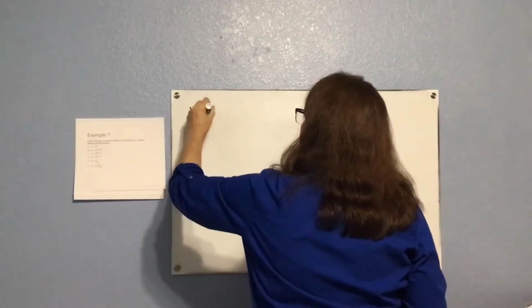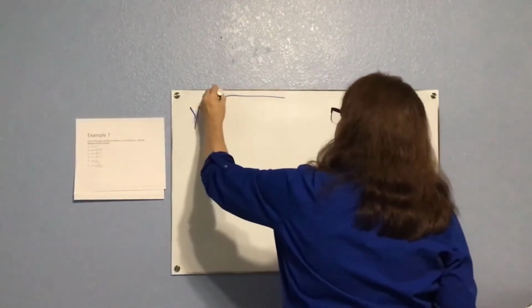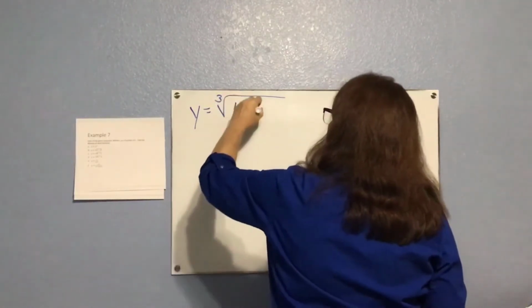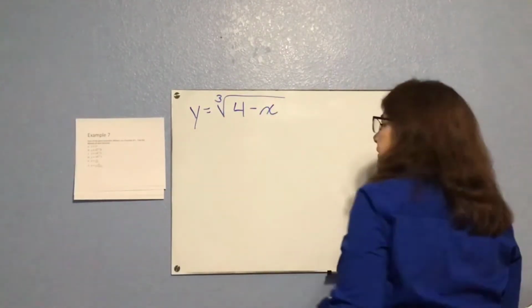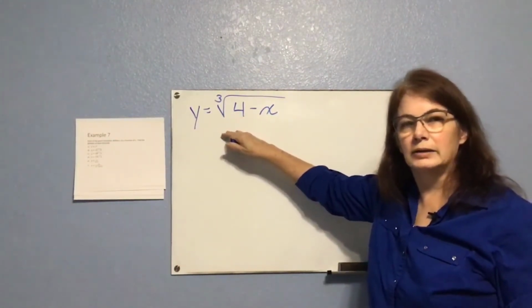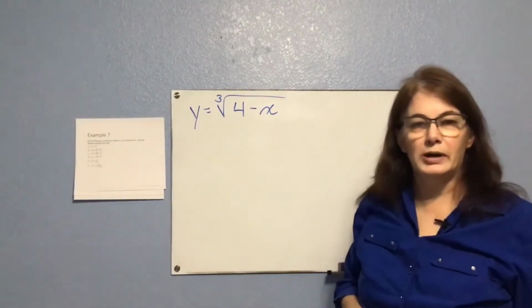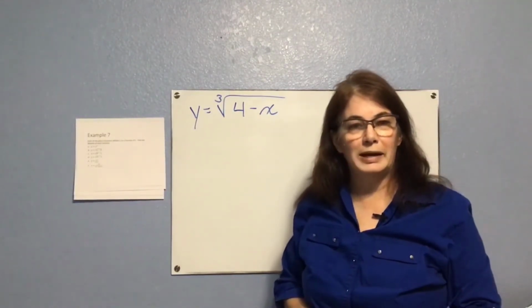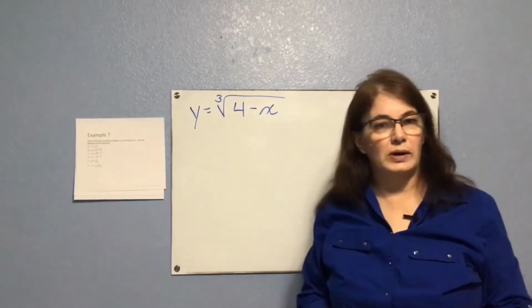y equals the cube root of 4 minus x. When I'm working with a cube root, I need to remember that I can take the cube root of a negative number. So my domain is not limited like it is with a square root.